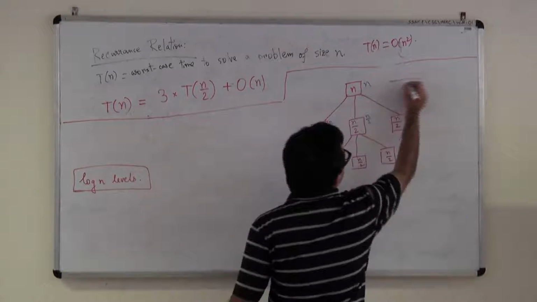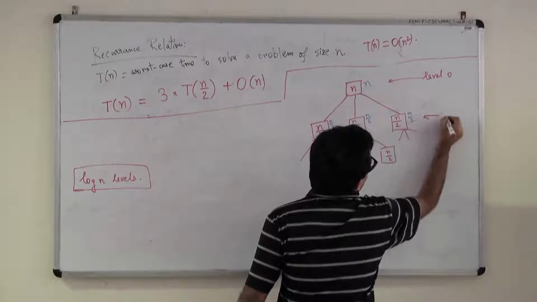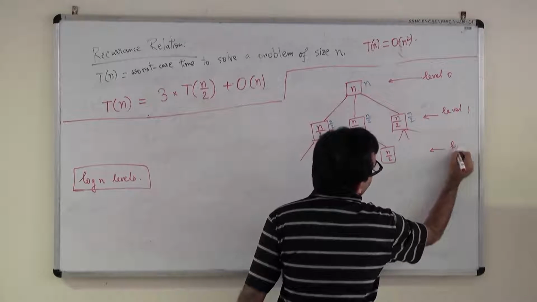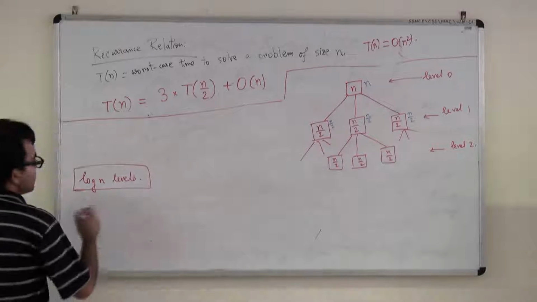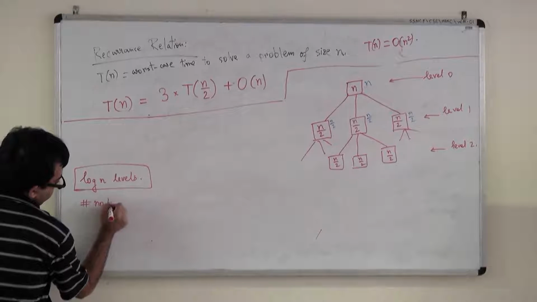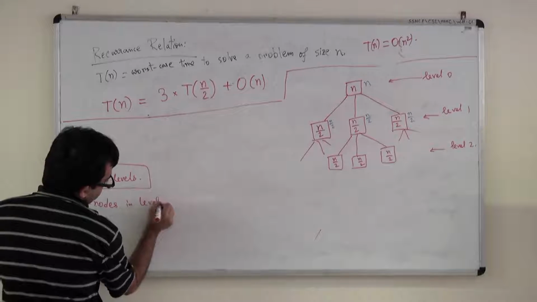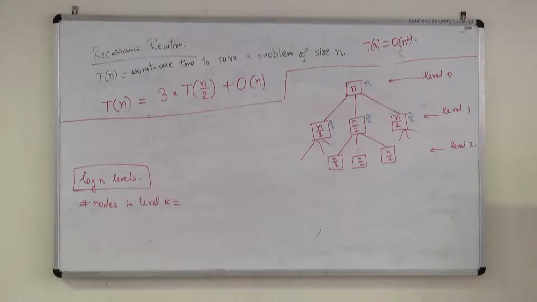So note that this is level 0, this is level 1, this is level 2, and so on. So first question, what is the number of nodes in level K? Anyone?